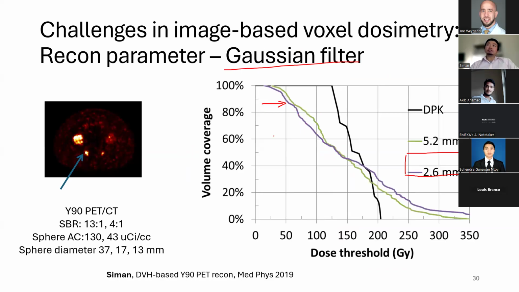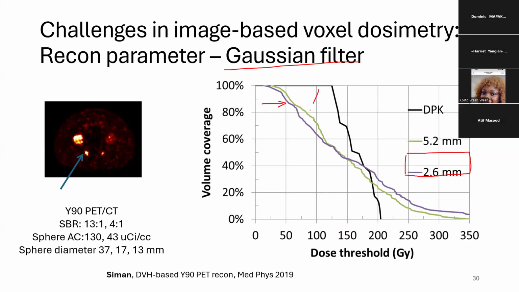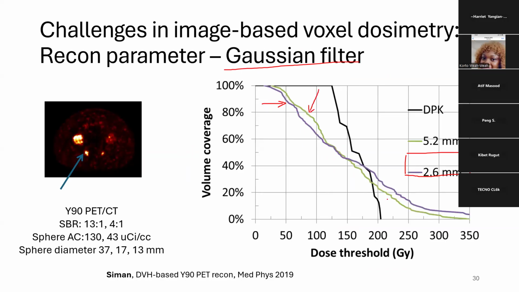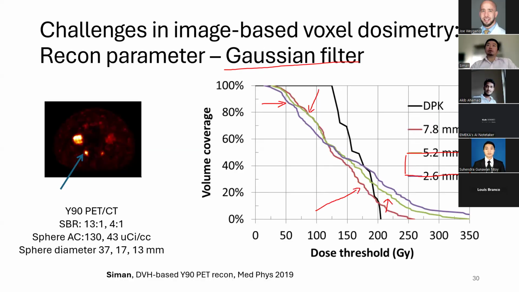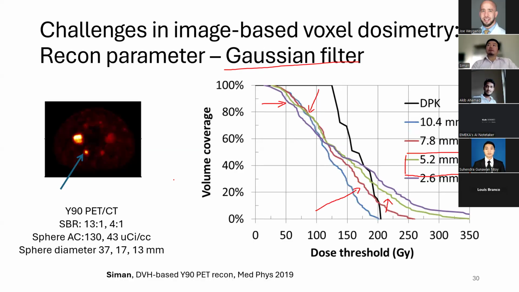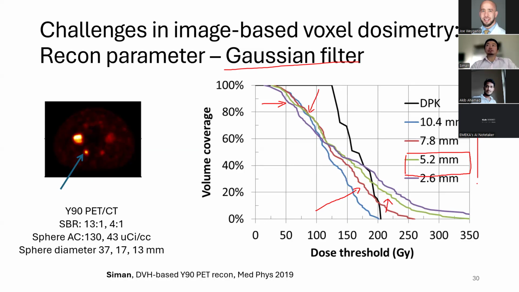But as soon as I increase it, look at how it changes. It starts shifting, right? And if I keep increasing, it shifts even more. So the shape of the volume histogram changes as you apply more smoothing filter.